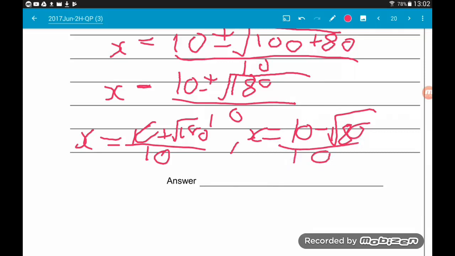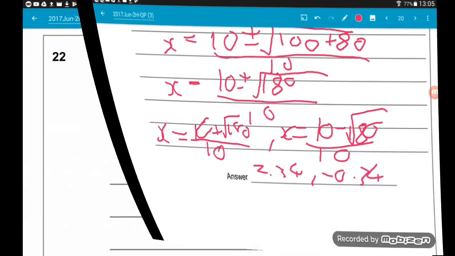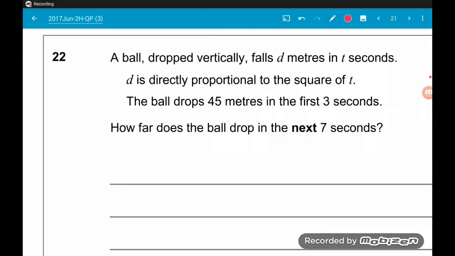Now if we whack each of those into the calculator, we are going to get, to 2 decimal places, 2.34 and minus 0.34. Jobs are good.